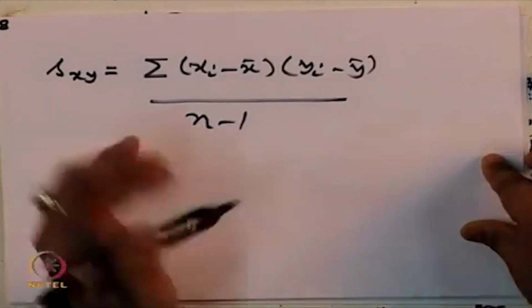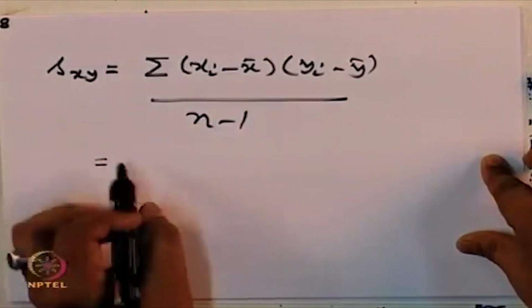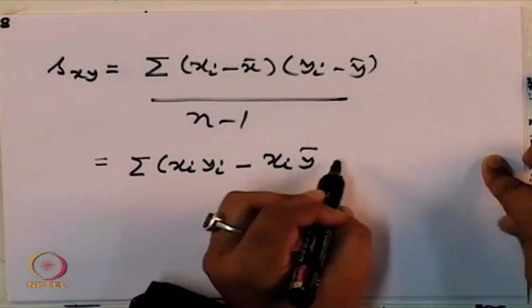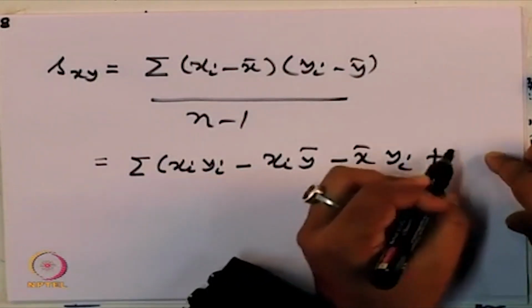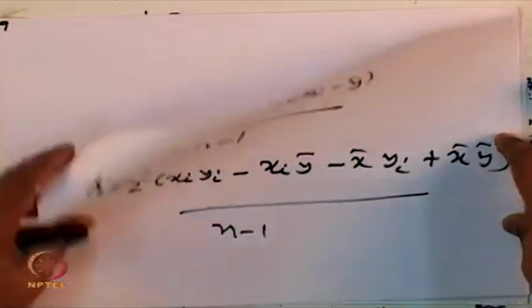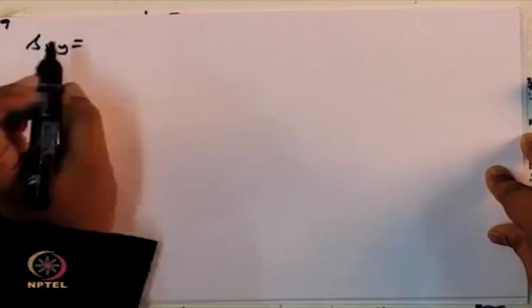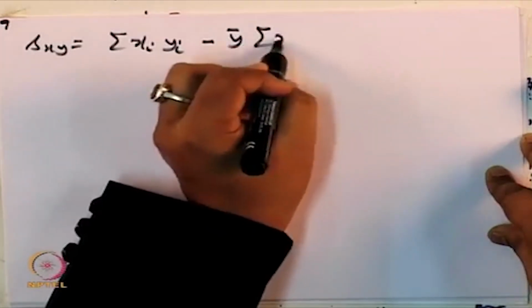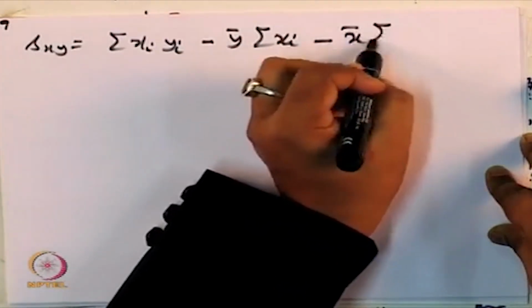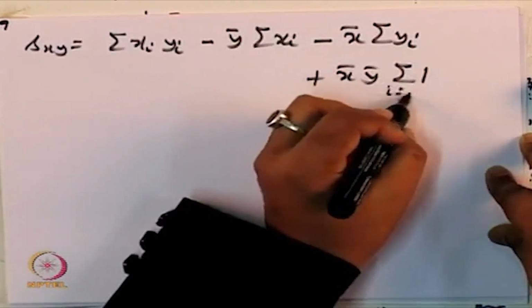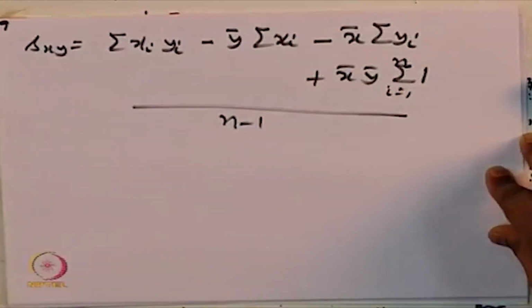Okay. So I can expand this further. I can expand this to the summation of xi yi minus xi y bar minus x bar yi plus x bar y bar, by n minus 1. So my Sxy equals the summation of xi yi, minus y bar times the summation of xi, minus x bar times the summation of yi, plus x bar y bar times the summation of 1, i equal to 1 to n, by n minus 1.